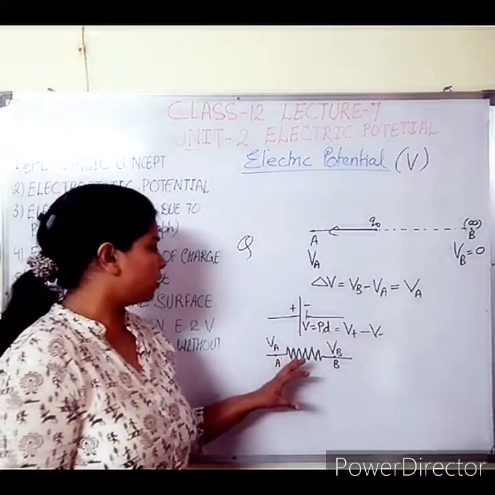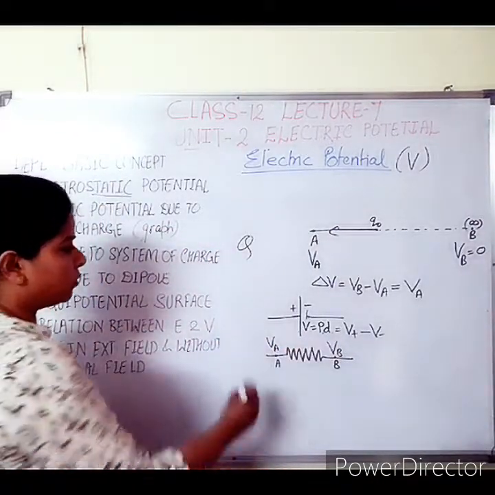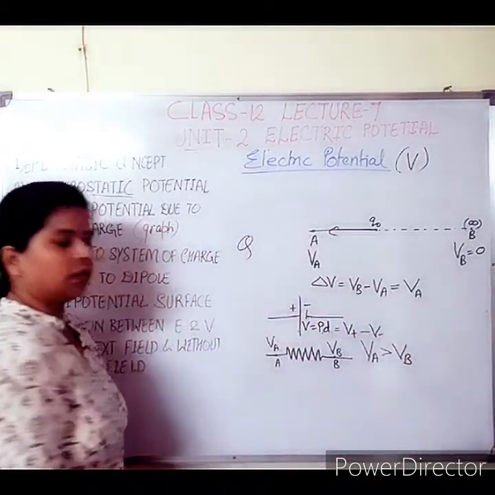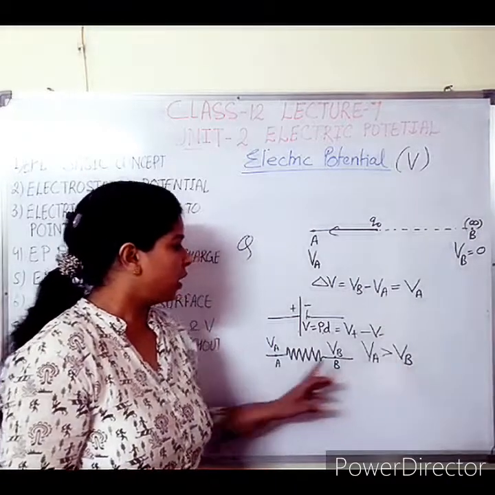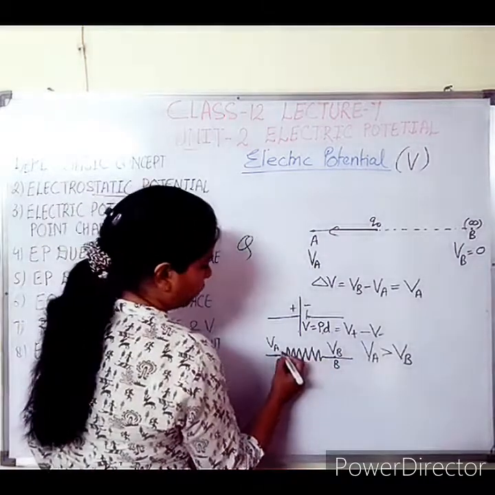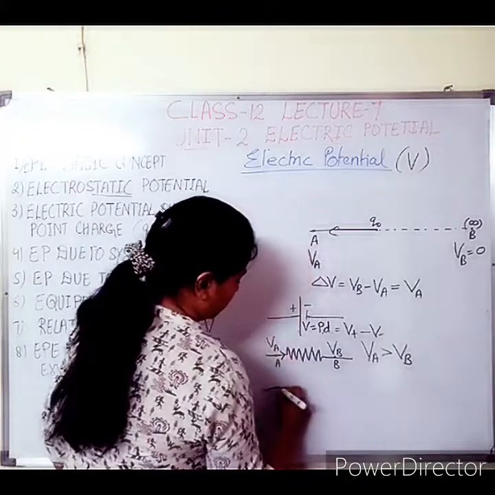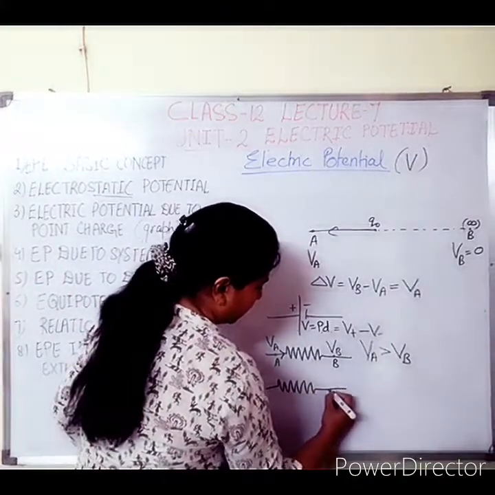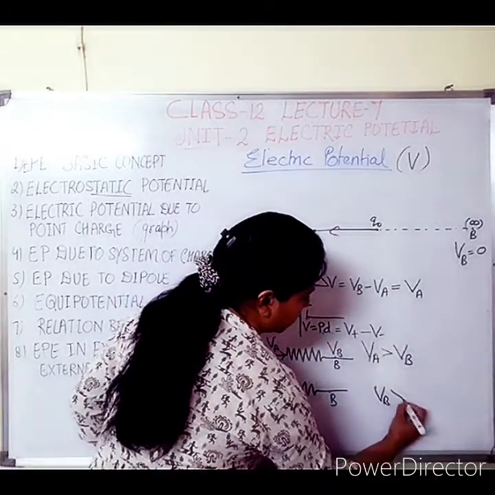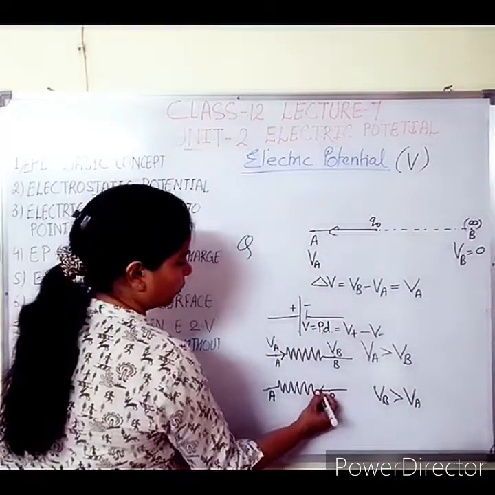How much current will flow through the resistor depends on the potential difference. If VA is at higher potential, then VB, the potential at point B, is lower as compared to the potential at point A, and the current will flow from A to B. Taking the other case, if the potential at point B is greater as compared to the potential at point A, what will happen? The current will flow from B to A.